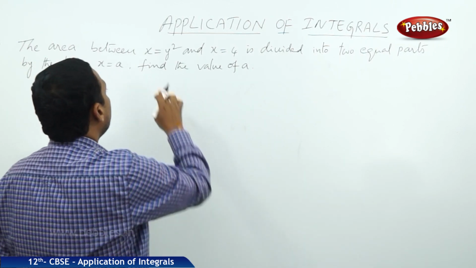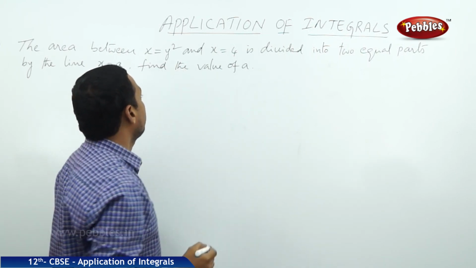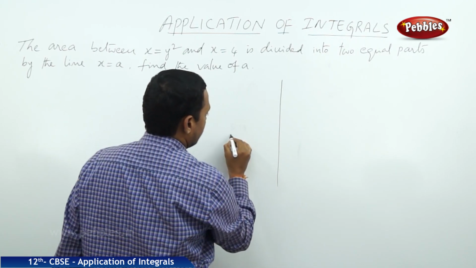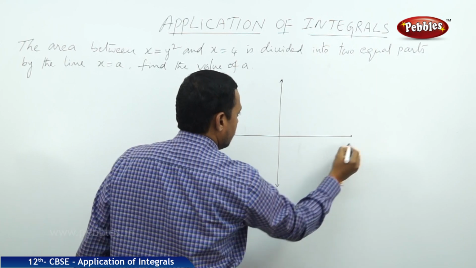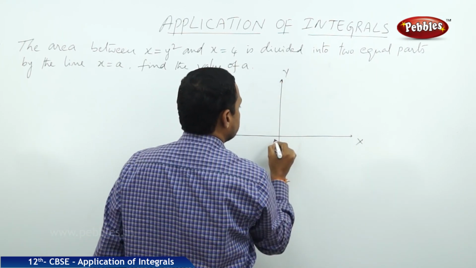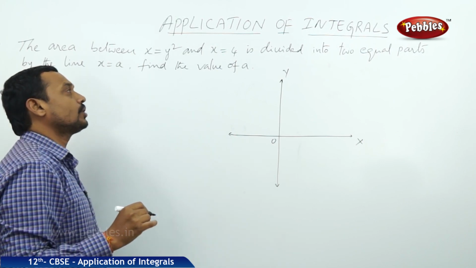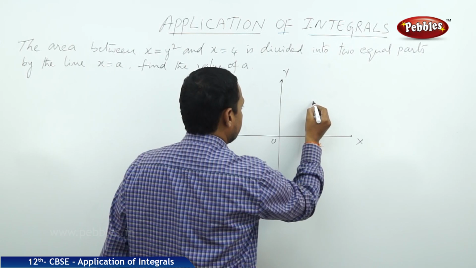Now let us draw this graph. X is equal to y square. Again that is a parabola. X axis, y axis, origin. Now x is equal to y square or y square is equal to x. It represents a parabola and symmetric about the x axis.